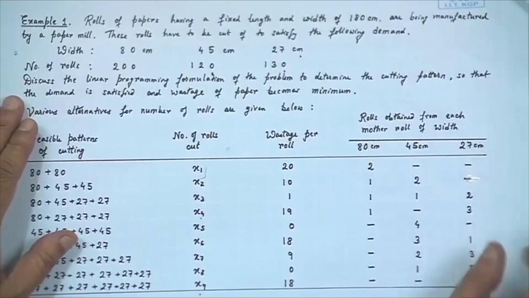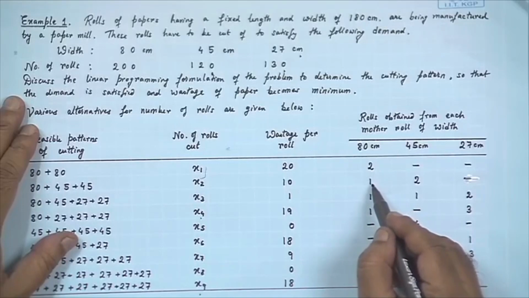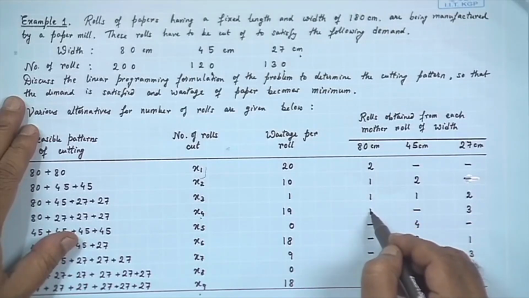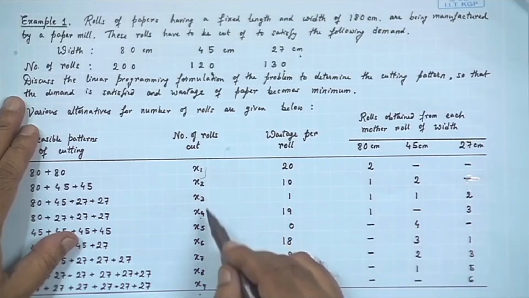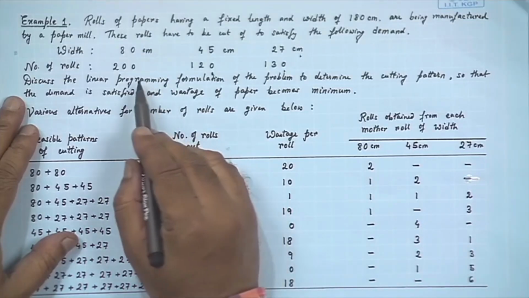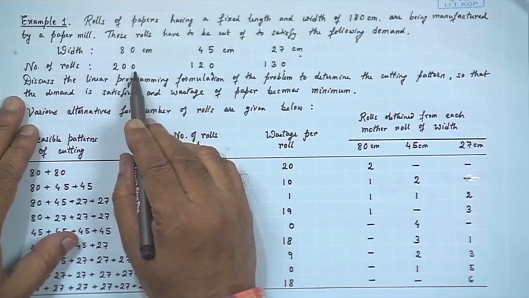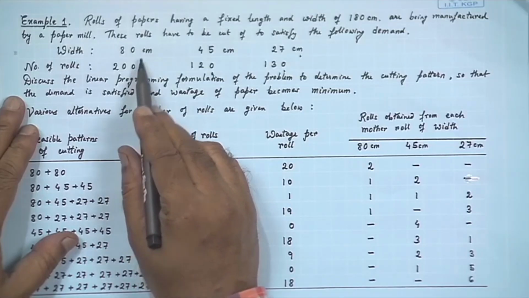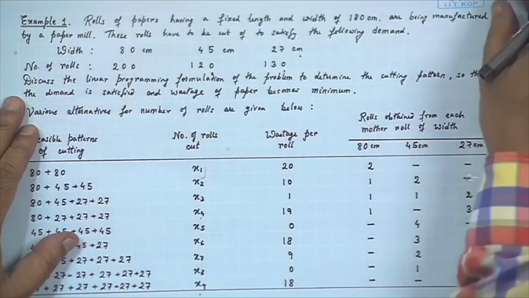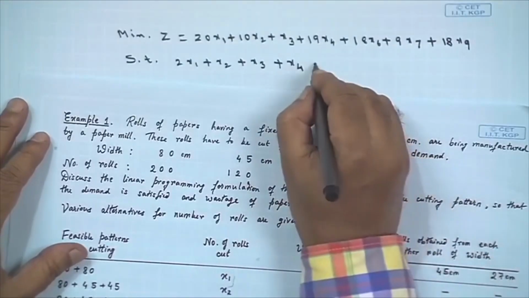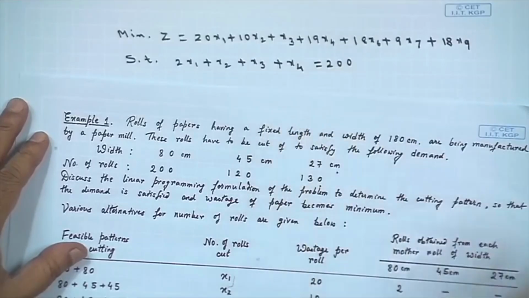This value is the 80 centimeter rolls we are getting, and I want it to satisfy the demand of 80 centimeter. For 80 centimeter I need 200 rolls. So, the value should be equal to 200.